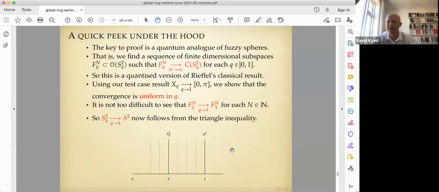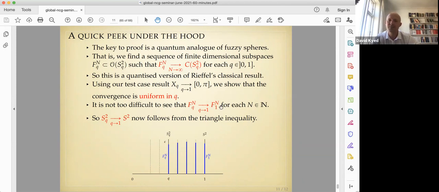So if you now imagine that someone gives me an epsilon, I can find a suitably big fuzzy quantum sphere in here that approximates the Podleś sphere really well. And now I can start floating the deformation parameter all the way up to 1. And because of this uniformity business up here, if I don't float too far away from 1, I can control the error that I make compared to the epsilon that I was given.